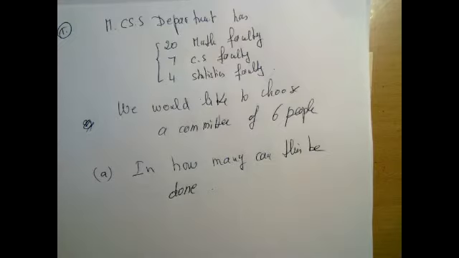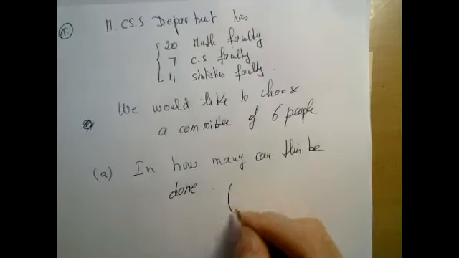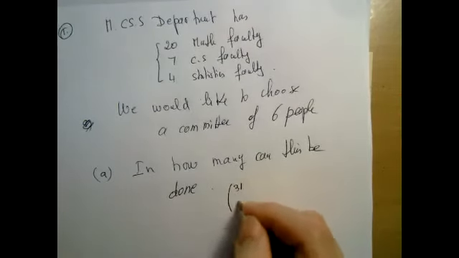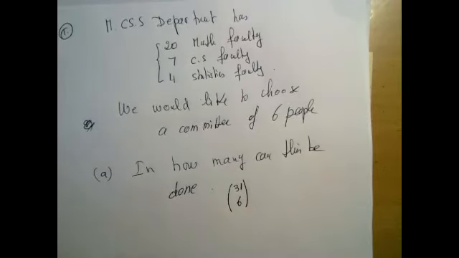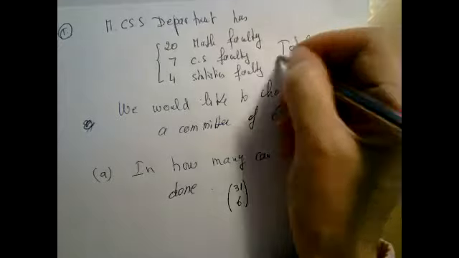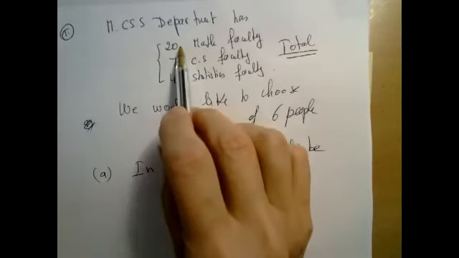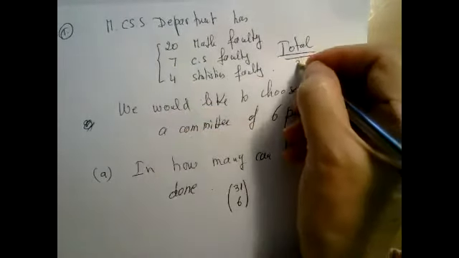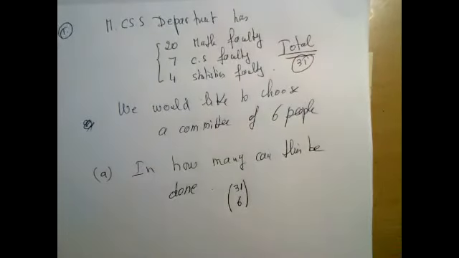Rachel? Would it be 31 choose 6? It's 31 choose 6. Is he correct? Because what's the total number here? I have 20 plus 11, so the total is 31. And I just have to choose 6 out of 31.